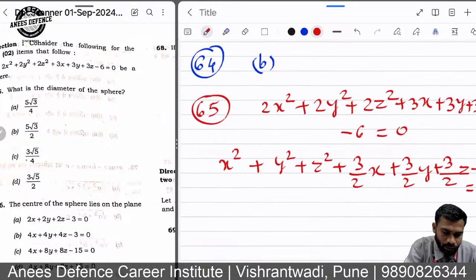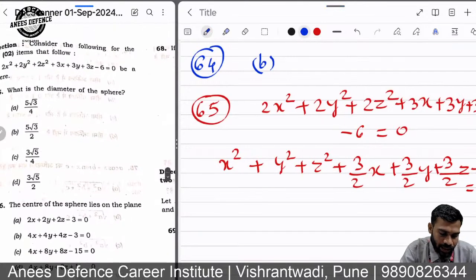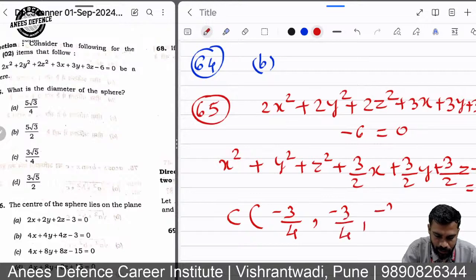Now, we need to find out the center as well in the next question. So let us find out the center. So center is (minus u, minus v, minus w), right? So center will be minus u, which means minus 3 by 4, right? We have to compare the given equation with the standard equation of the sphere, right? So minus 3 by 4, minus 3 by 4, and minus 3 by 4.